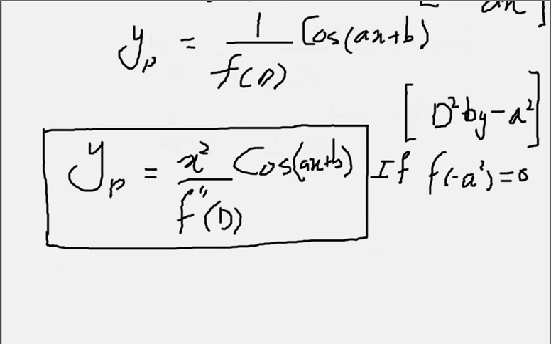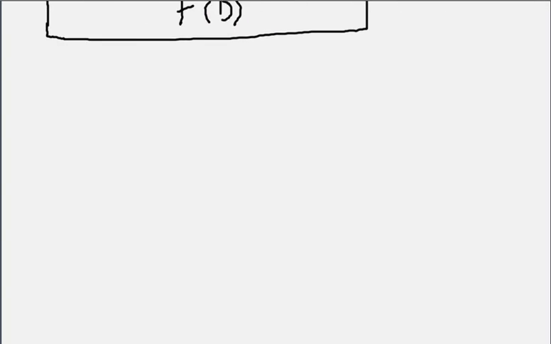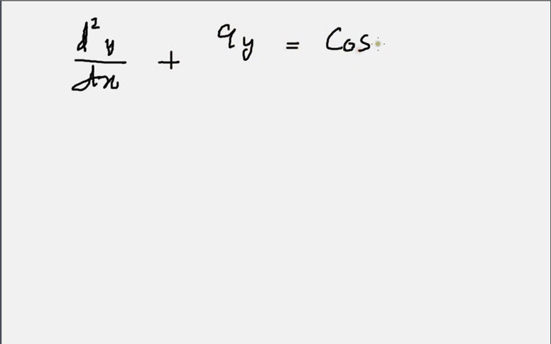Let's solve an example. Now after you find this, you have to replace D again. So then you have to solve yp. Let me show you by a problem. Okay, let's say d square y over dx square plus 9y equals to cos 2x.